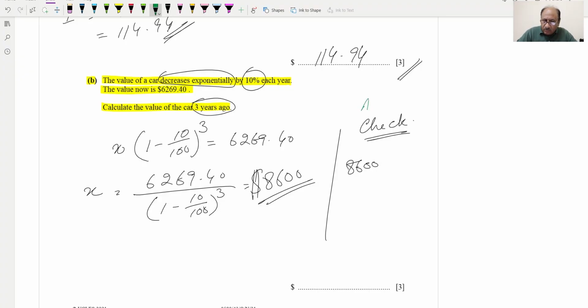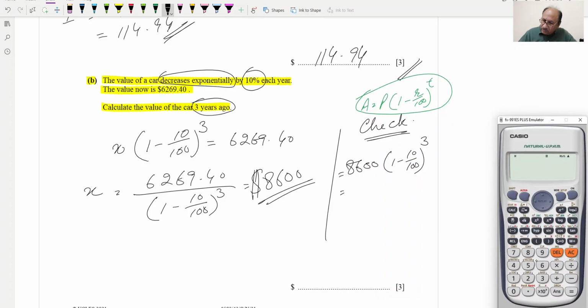Amount is equal to P into 1 plus, in case of increase; in case of exponential decrease we are taking minus. So we can write here minus rate over 100 raised to t. This is in case of exponential decrease. So we can write it as 1 minus 10 over 100 raised to the power 3 years, and this amount we can check.